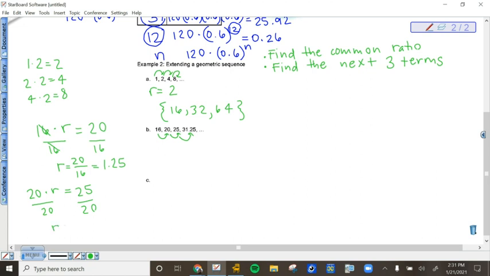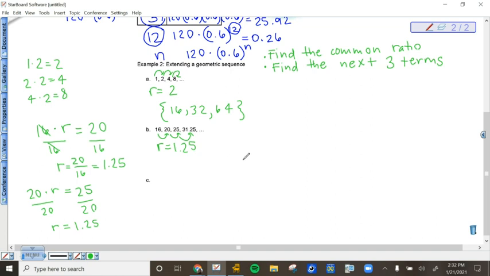So R equals, again, 1.25. So 16 times 1.25 gives me 20. 20 times 1.25 gives me 25. So what is my common ratio? Yeah, 1.25.